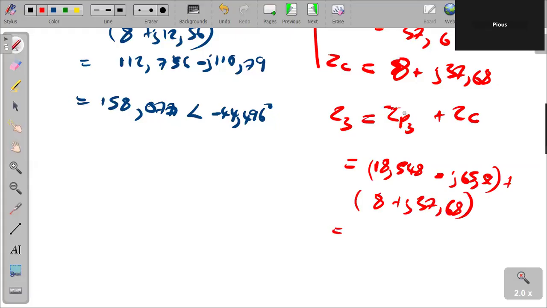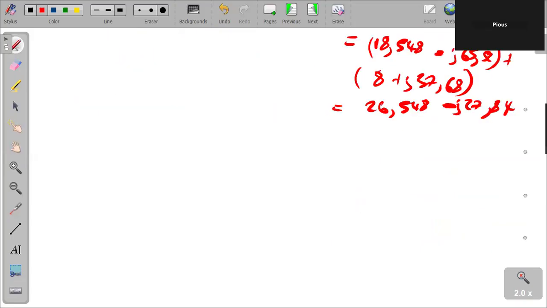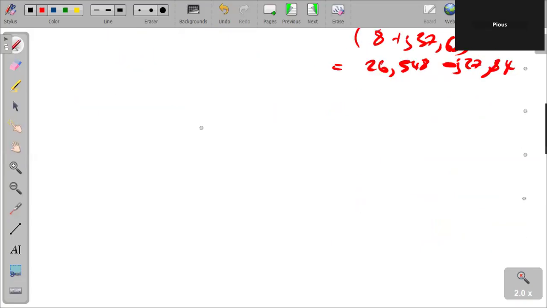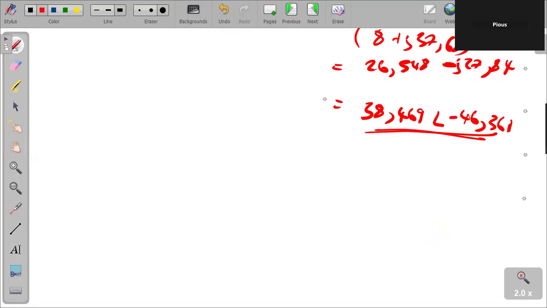So we are adding this, and it's going to give us 26.548 minus j 27.84, right? Converting that to polar, it means we now have 38.469 angle of negative 46.361, which means that's our ZP, that's our Z3, right?